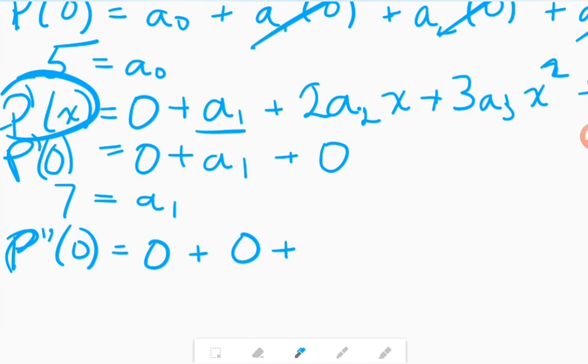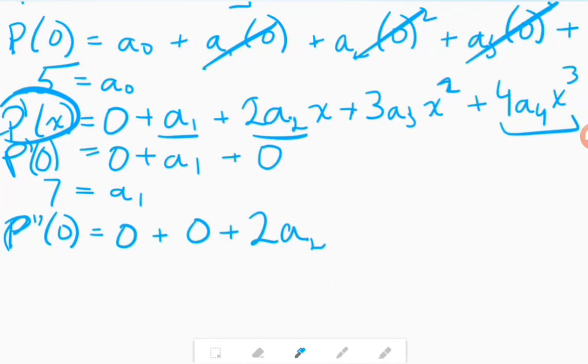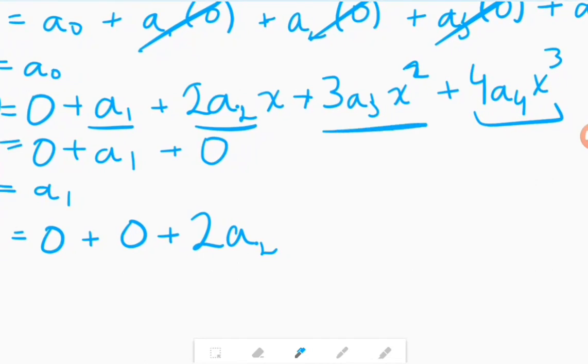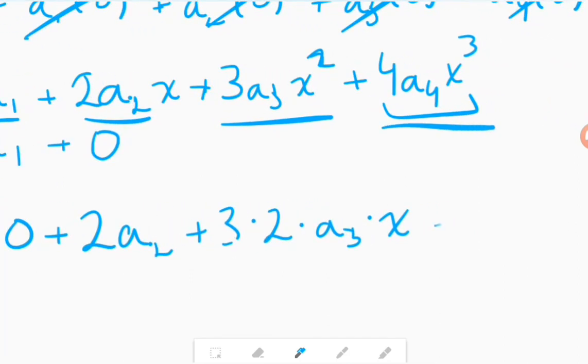Then I'm left with 2 times a sub 2. Then the derivative of the next term is 3 times 2 times a sub 3 times x. Finally, the derivative of the last term gives 4 times 3 times a sub 4 times x squared.